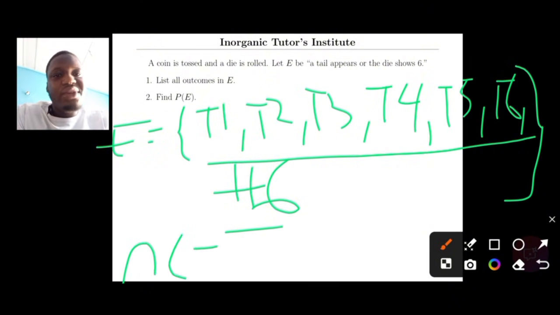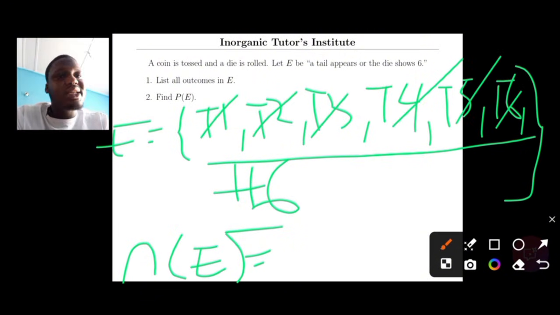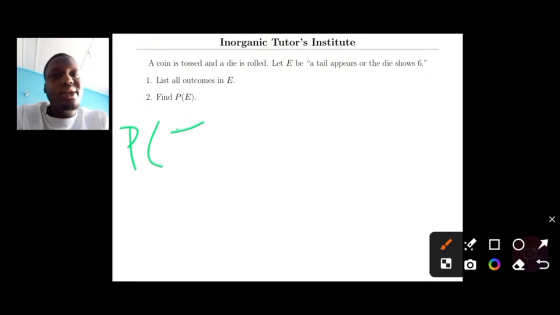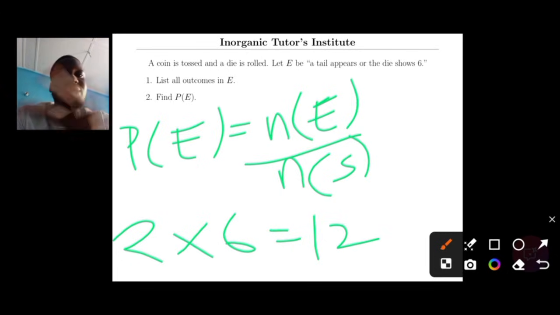So now, what is the number of E? Because we will use this to find the probability. The number of E is 1, 2, 3, 4, 5, 6, 7. Number of E equals 7. Now, the probability of E is the number of E, which was 7, over the sample space, which is 2 for the coin times 6 for the die.